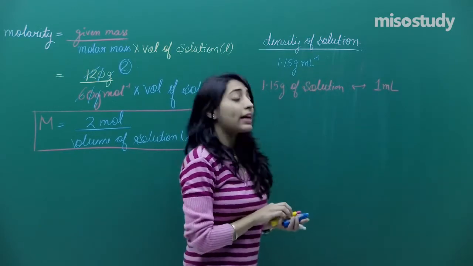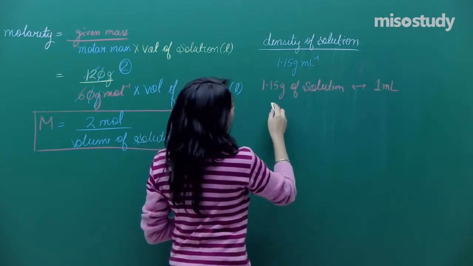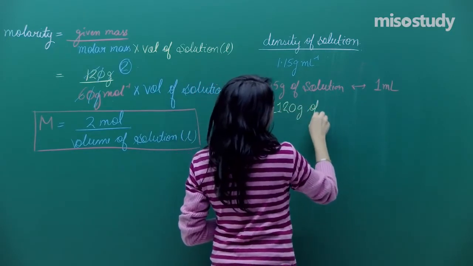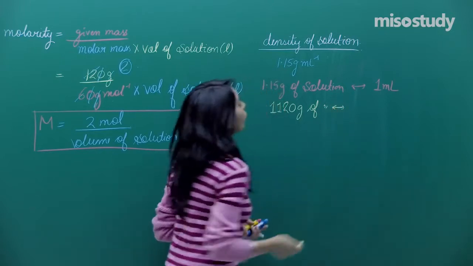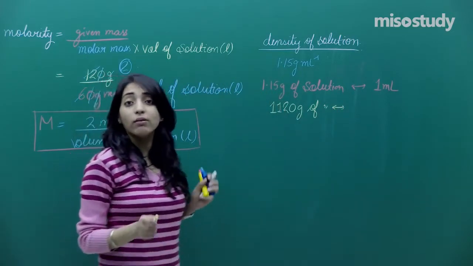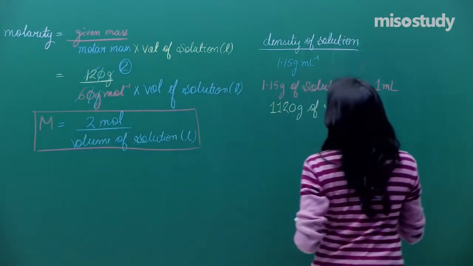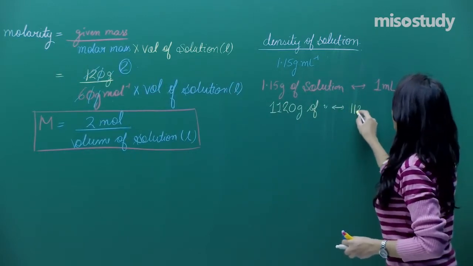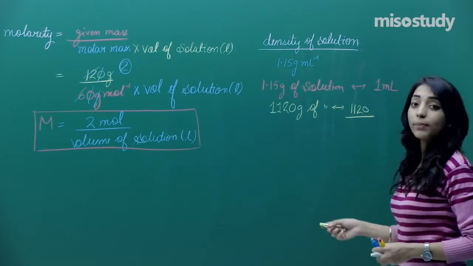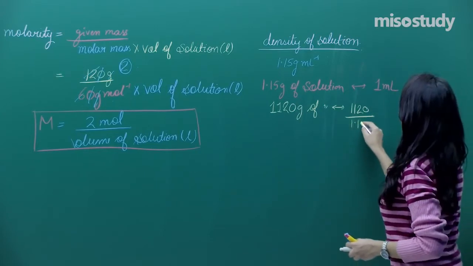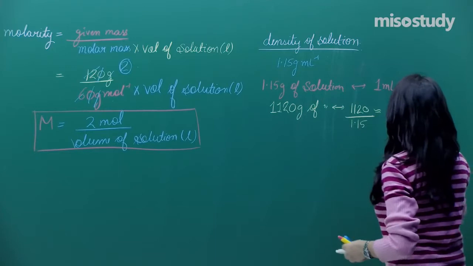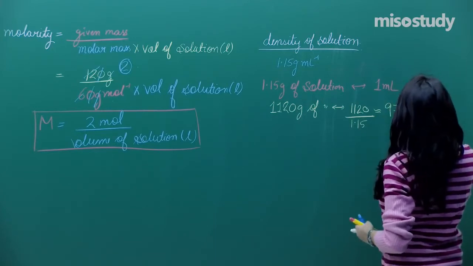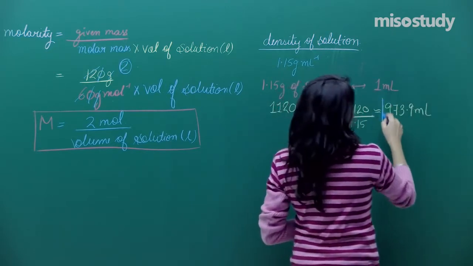However, I have 1120 grams of solution, and I need to figure out the volume in ml. So I should write 1120 divided by 1.15, and if you calculate it, the answer comes out to be 973.9 ml.